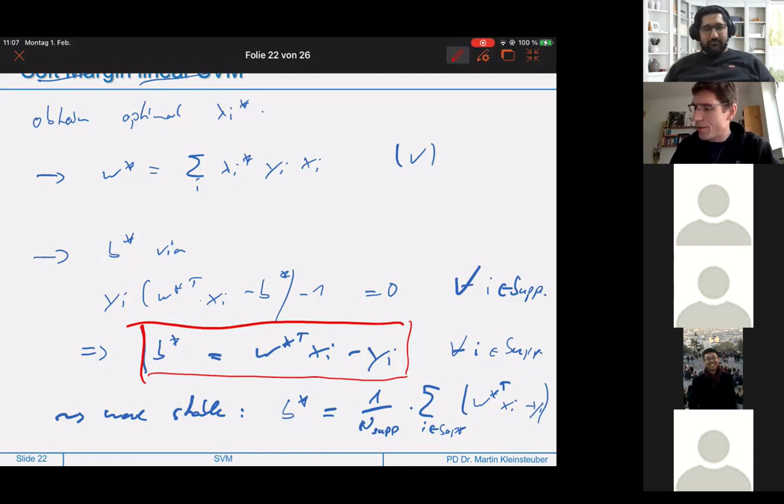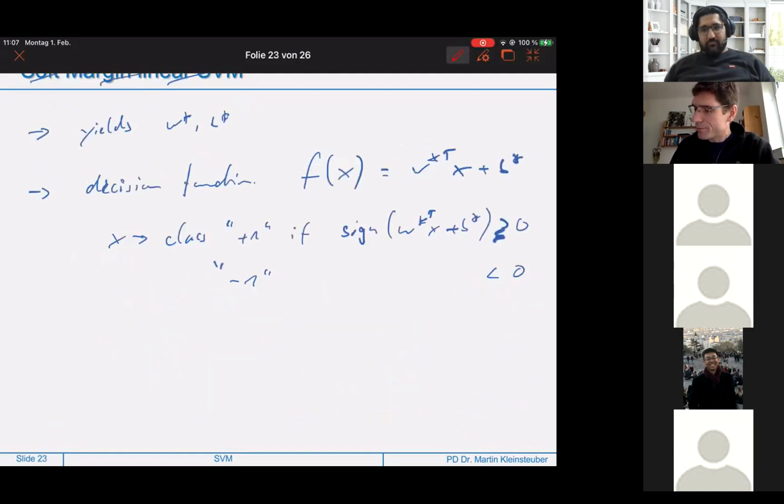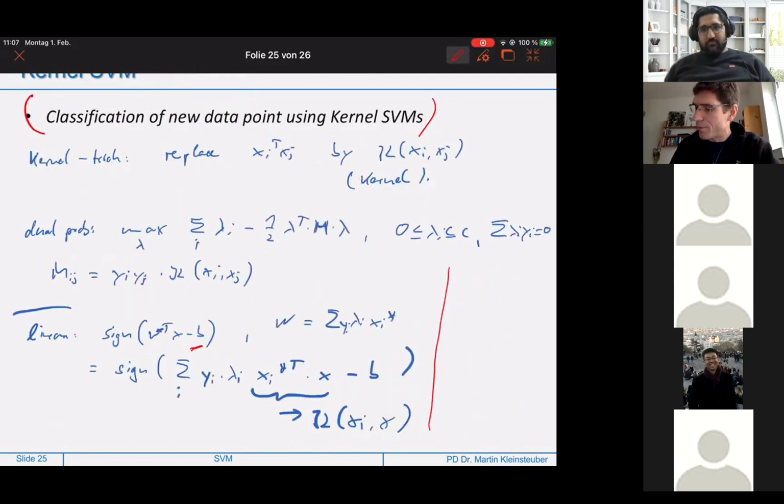Okay, good. So as I said, the b star is completely the same as what we had before. We just plug that b star into this kernel version, and we see that we can formulate everything with the kernels.